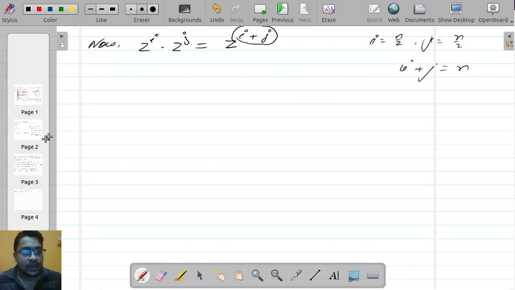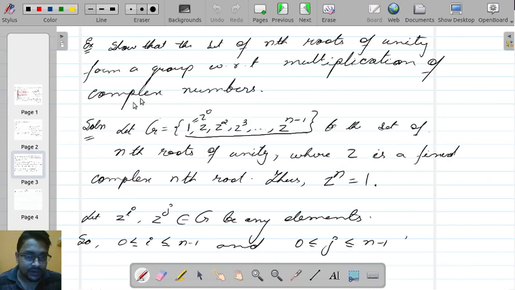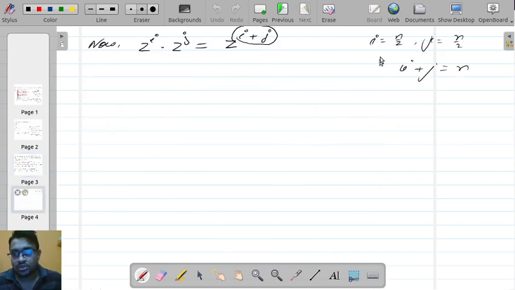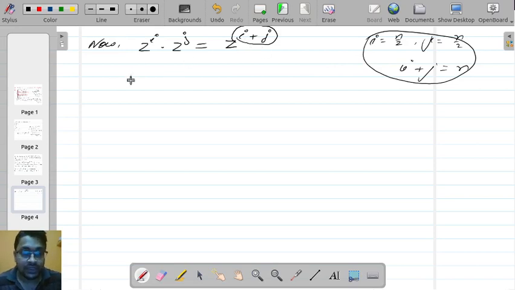But the powers of z inside G are less than or equal to n minus 1. So i plus j need not be less than or equal to n minus 1, it may be greater than or equal to n. So we have to separate that thing. For that I will use something called division algorithm.